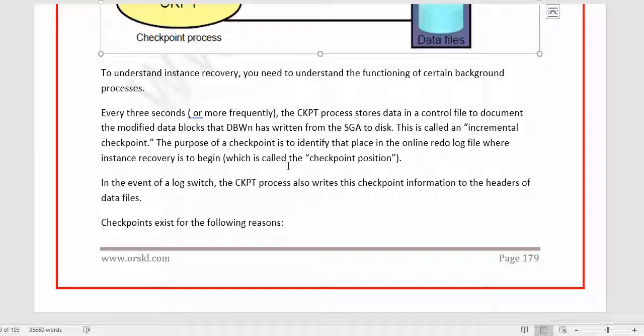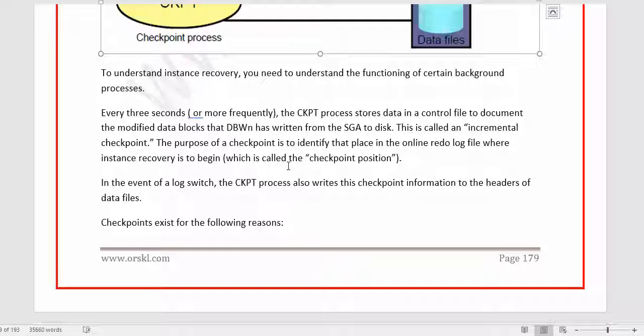in case there are SCNs which are not updated to the disk yet, but the transactions are committed in your database buffer cache. I'm sure when we discussed the database buffer cache and DB writer, we said that the data blocks from the database buffer cache are written into the disk asynchronously. That means it doesn't immediately write the data blocks into disk as soon as somebody issues a commit.